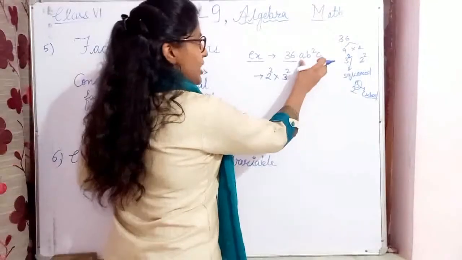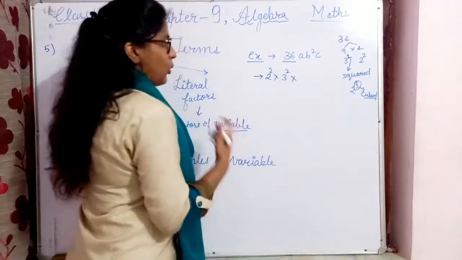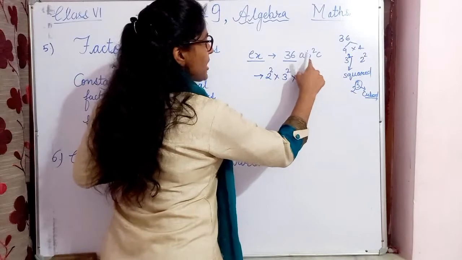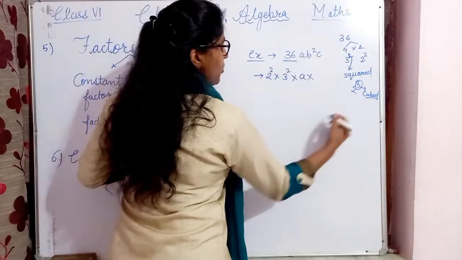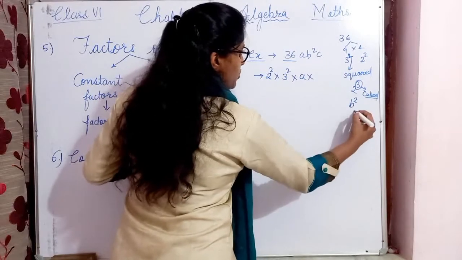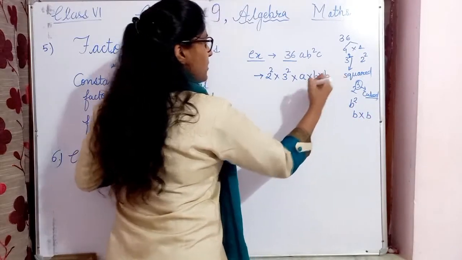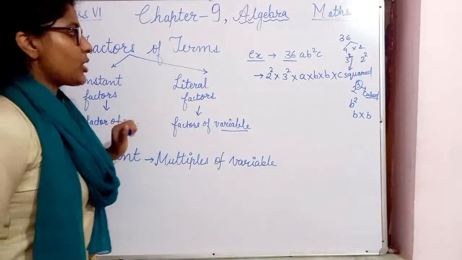Now see the variables. How do we write these variables? We write them in the expanded form. Just see, a as it is. Then multiply; there is no sign between them, it means they are all multiplied with each other. So put multiply and b square. b to the power 2 means b multiplied by b. So we write here b into b, and c is single. So this is c.